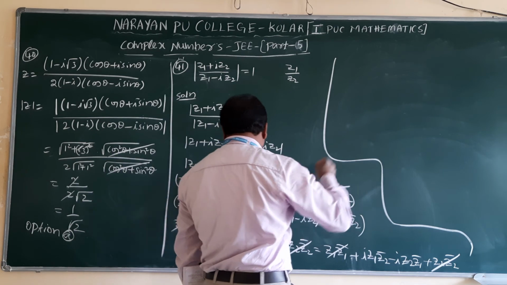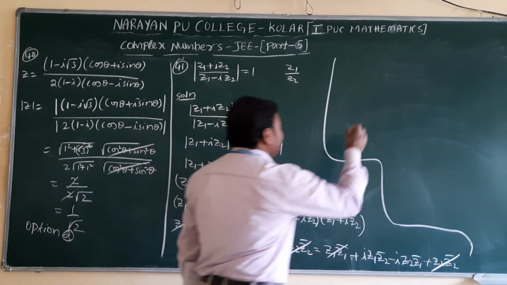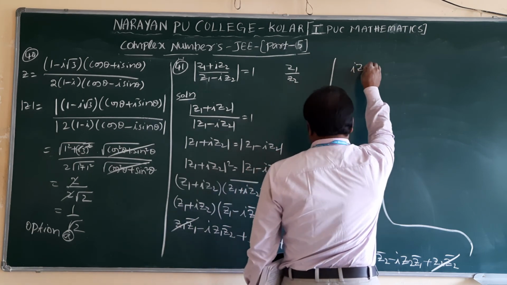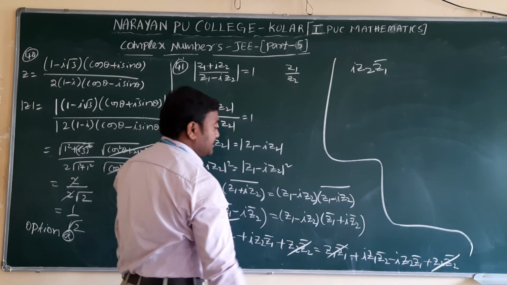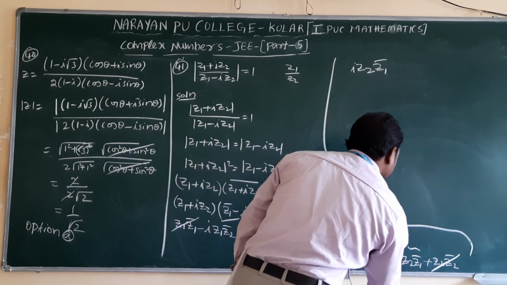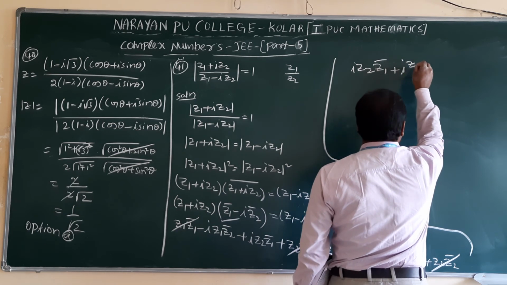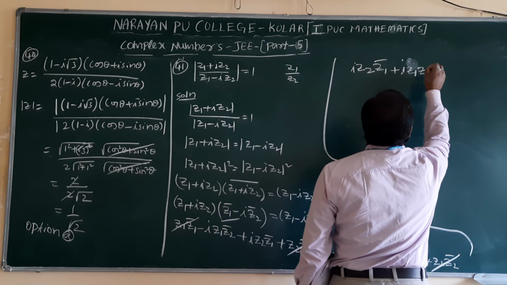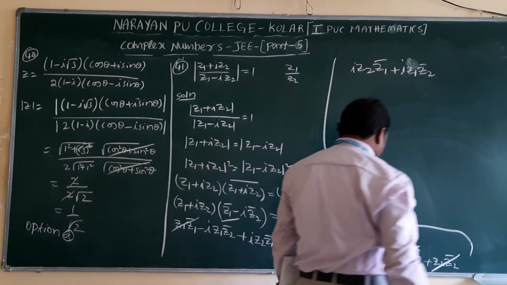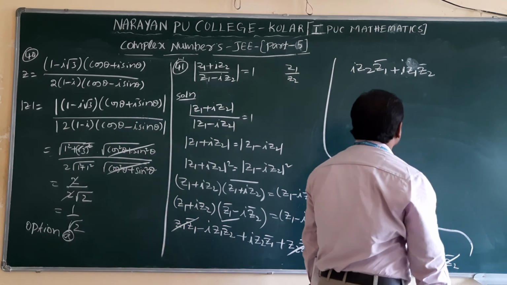So remaining, we have to take that side, remaining i into z2 z1 bar, this one take RHS and this one take LHS, remaining what we get, plus i into z1 into z2 bar, sorry.